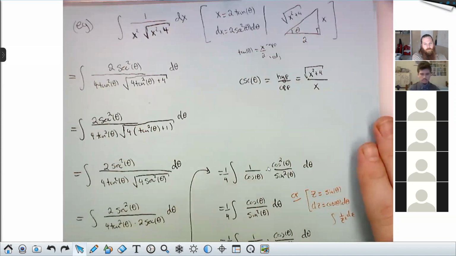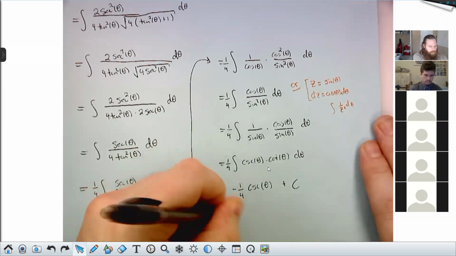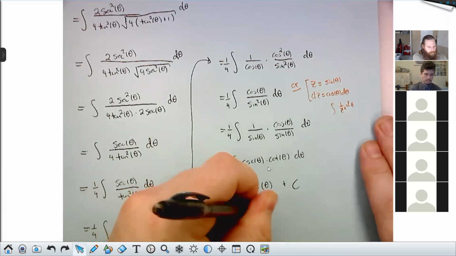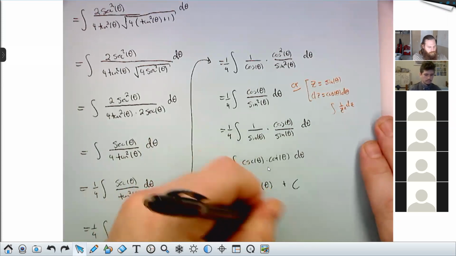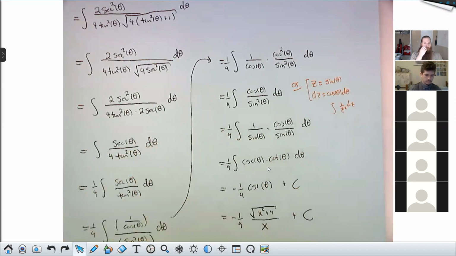So we can just read that off from our triangle. So this is negative 1/4 square root of x squared plus 4 over x plus c. Very sneaky, right?